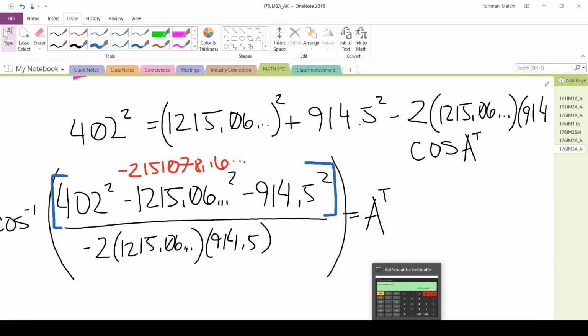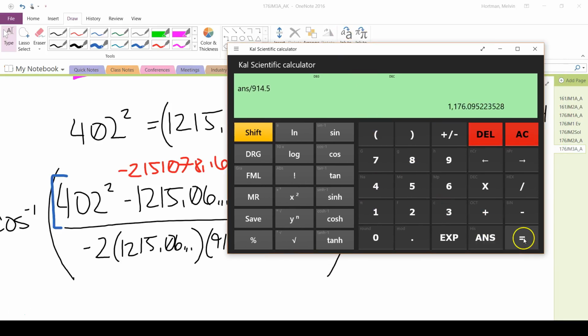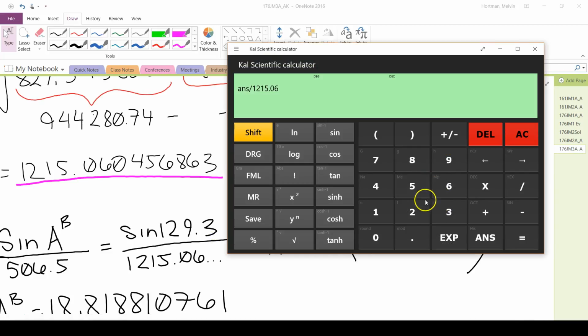Then let's divide by negative 2, divided by 914.5, divided by 1215.06, and that equals 0.96 something.